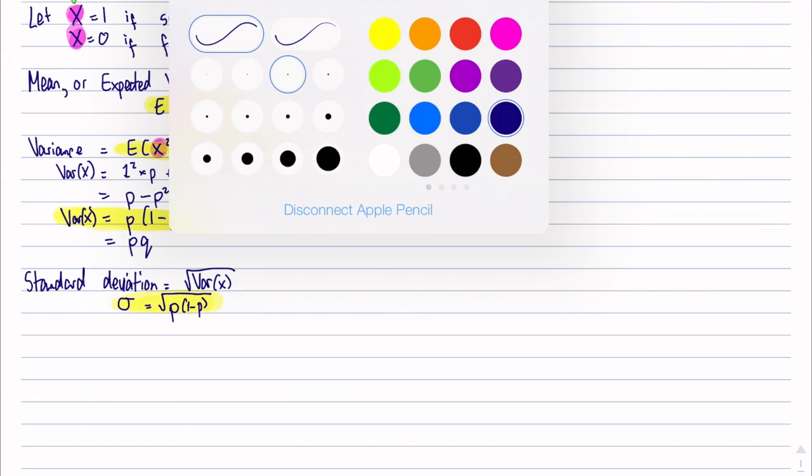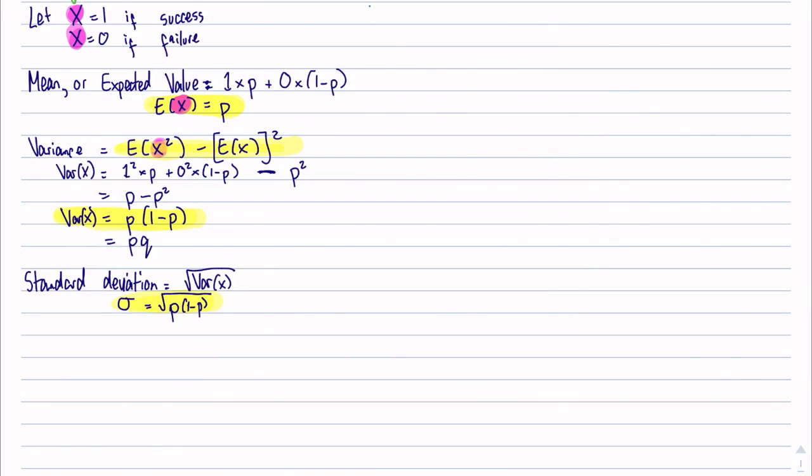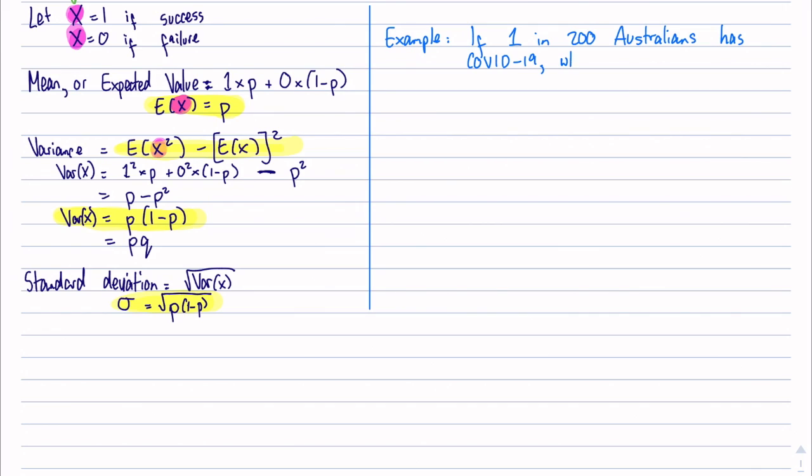So if I give you an example question over here, if 1 in 200 Australians has COVID-19, and I choose one from a crowd.